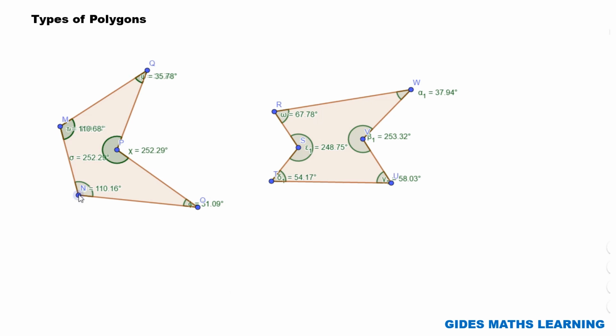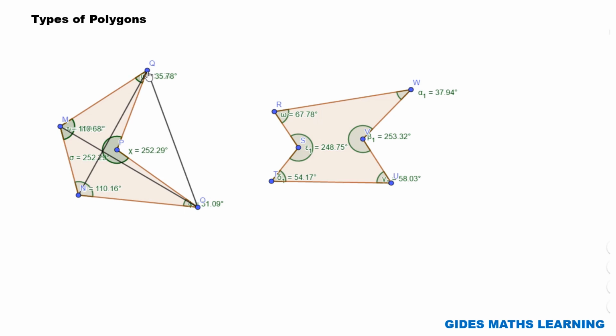The diagonal from this point to this point lies within the polygon. Diagonal from M to O also lies within the polygon. However, diagonal from O, this is a consecutive point, so O to Q lies outside.